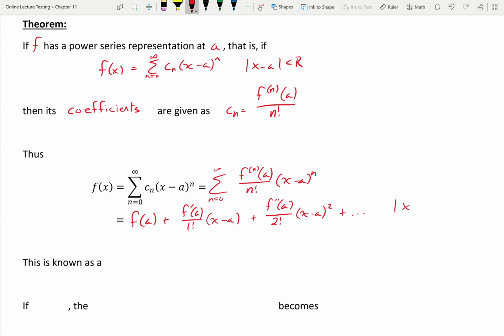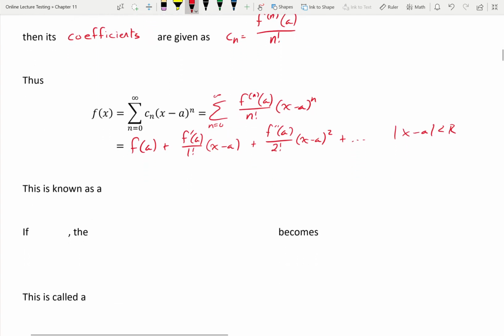And again here, |x minus a| is less than r, the radius of convergence. Because of this representation, this is known as the Taylor series of a function centered at a.